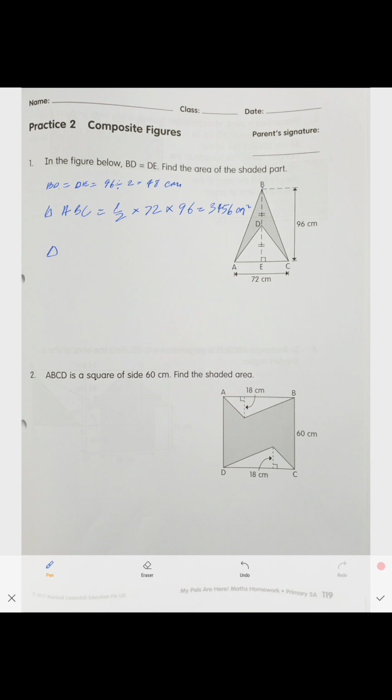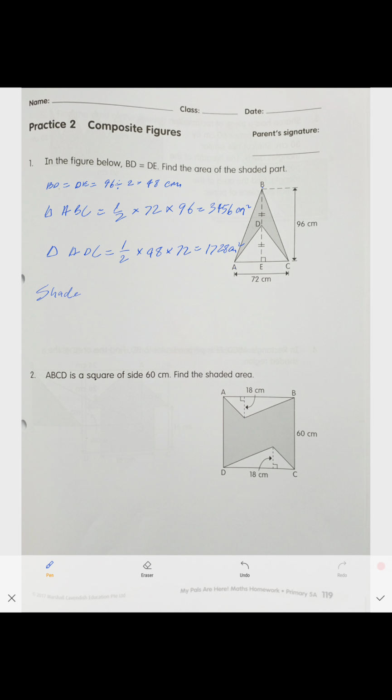So triangle ADC, right? 1 over 2 times 48 times 72, and it's equal to 1,728 square centimeters, right?